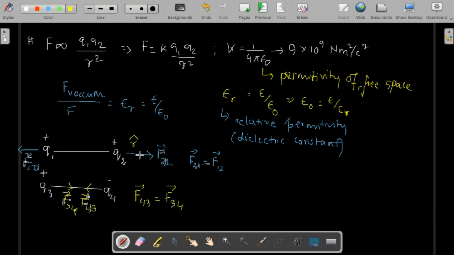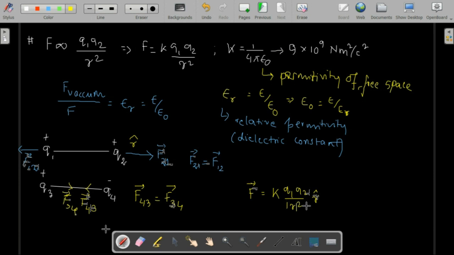So if we want to write down the force in its vector form, if you check your book, a vector is in bold. So this is k, we know what k is, this is q1 q2 by r square, and then we have the vector, which is nothing but r cap. In terms of vector, direction is also a vector here, so let me take a mod here.